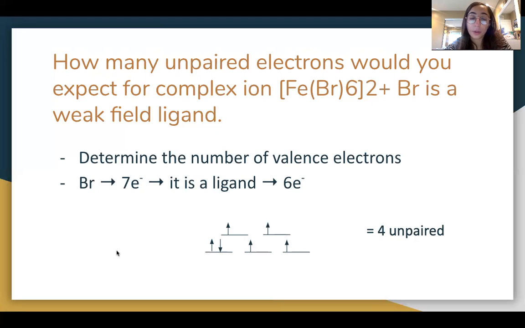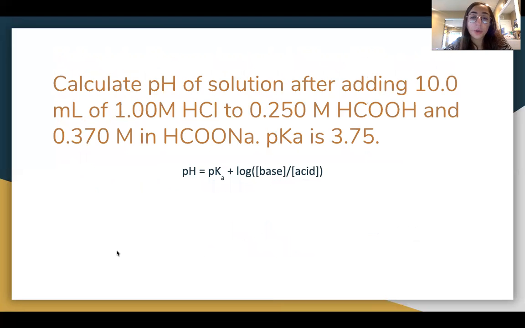So let's move on to the third question. Calculate the pH of a solution after adding 10 milliliters of 1 molarity hydrochloric acid to 0.25 molarity HCOOH and 0.30 molarity HCOONa. And the pKa is 3.75.